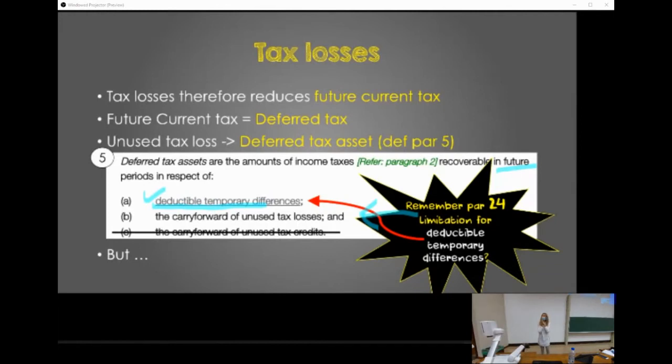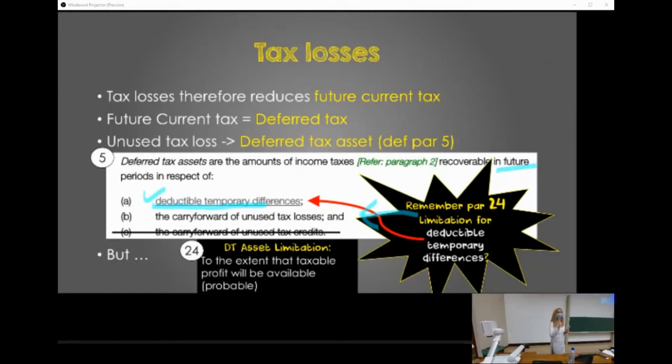So you cannot promise something if you cannot deliver it in future. Therefore, we had this limitation on a deferred tax asset for deductible temporary differences. That limitation said we can only recognize that deferred tax asset to the extent that it will be probable that taxable profit will be available.